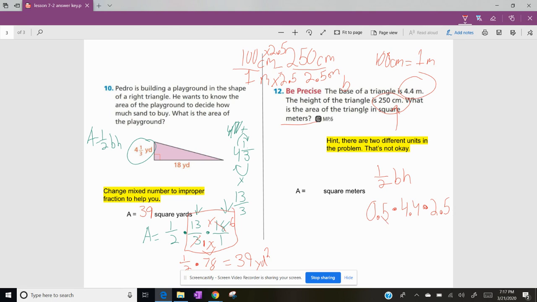I'm going to put all of that into a calculator now. 0.5 times 4 4/10 times 2 5/10. I get that. Oh, nope, that is right. 5 5/10. So the area is going to equal 5 5/10 meters squared. I'll put my answer right there as well.